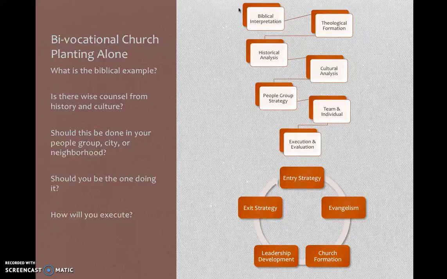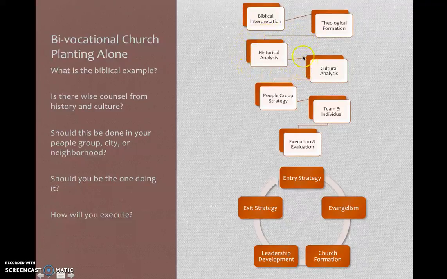As soon as he was able to be supported in one situation, he immediately stopped and did ministry of the word full time. So biblical example is going to show you that both are good and normal for followers of Christ to do. Theologically, it's basically the same. Your church planting, however you get to where you're going, that seems to be allowable from the Word of God.